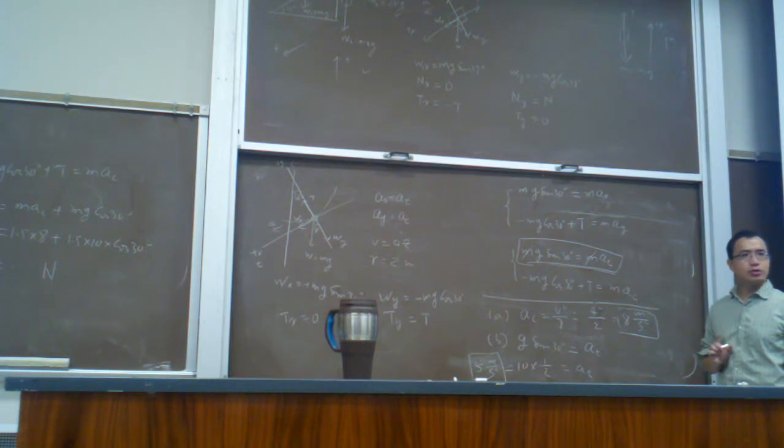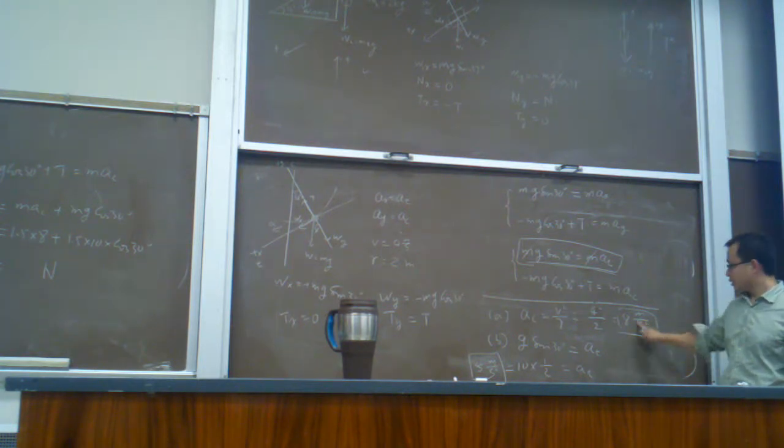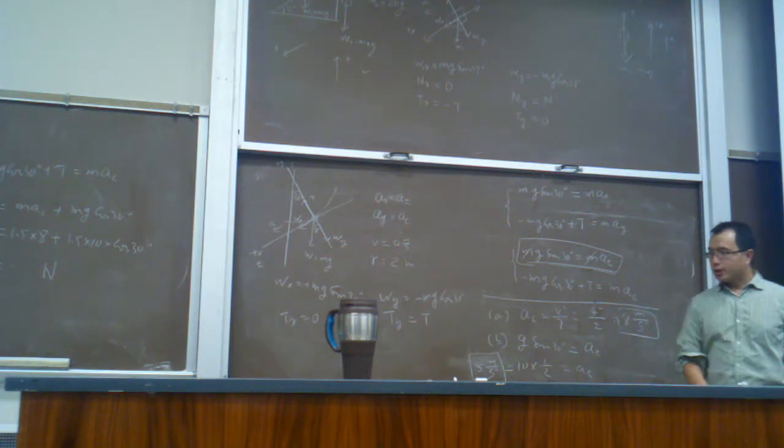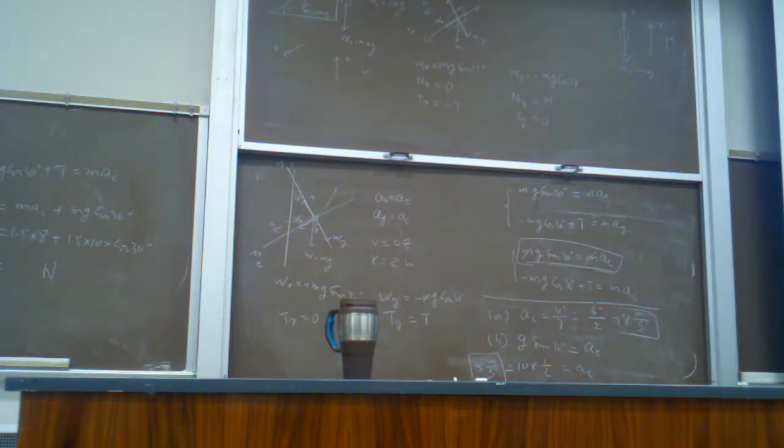If I'm asking you what is the total acceleration, how do you calculate it? Just combine the two by the Pythagorean theorem, right? By definition. Now, do you have any question here? For calculation, or go to the discussion.